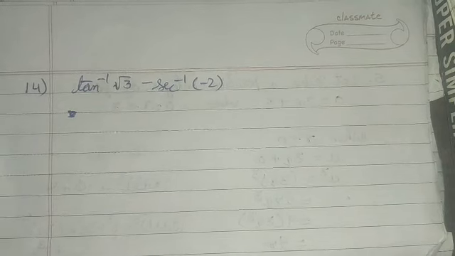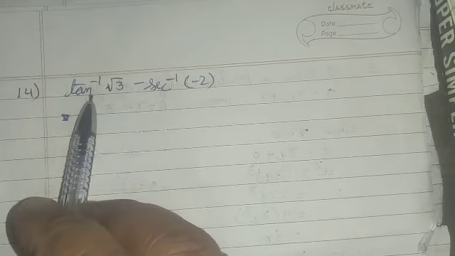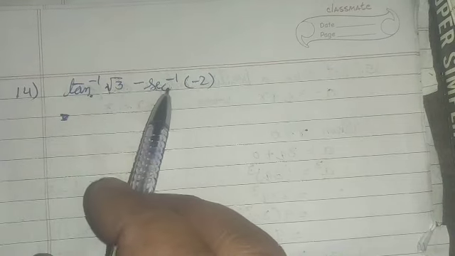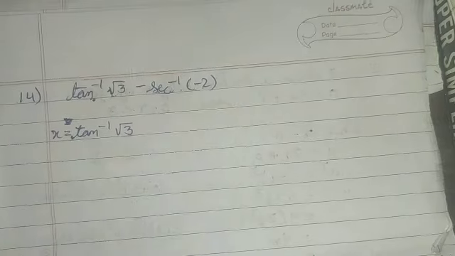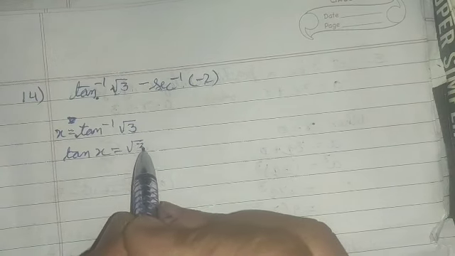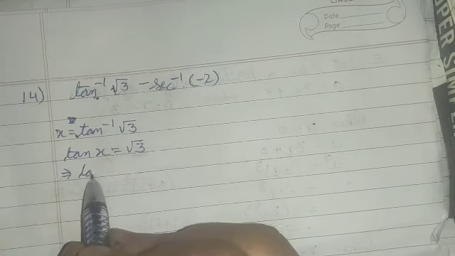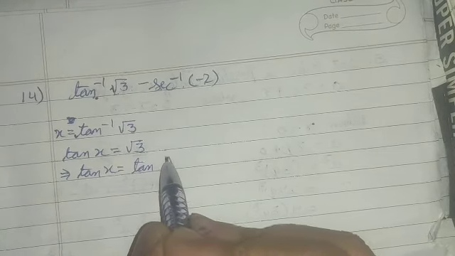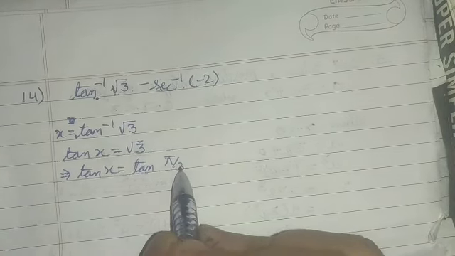In question number 14, you have to find out the value of tan inverse root 3 minus sec inverse minus 2. I am solving them separately. Now let x equal to tan inverse root 3. Then tan x will be equal to root 3. Now tan x equal to root 3 means tan pi by 3, because the value of tan 60 is root 3.